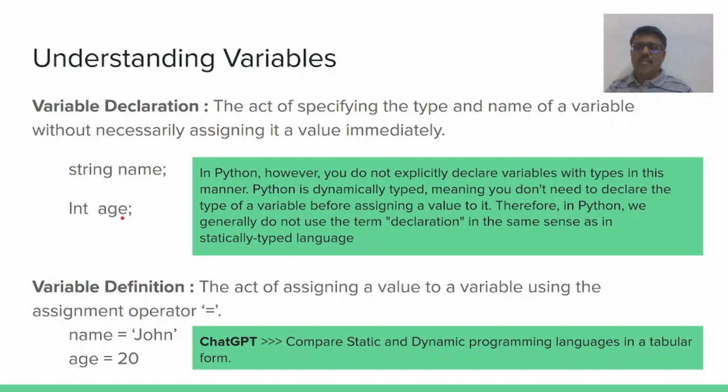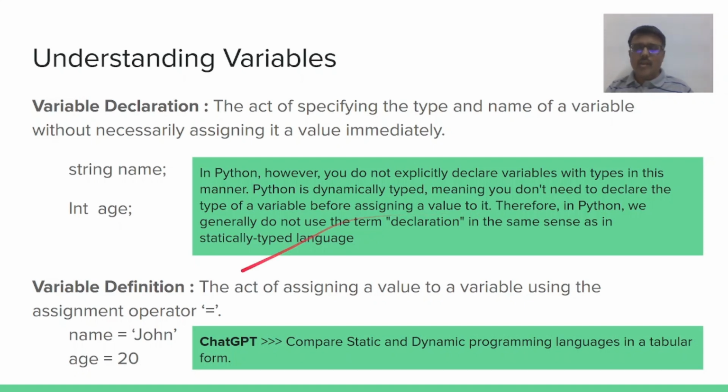Interestingly, in Python, you will not explicitly declare variables with a type in this manner. Python is dynamically typed, meaning you don't need to declare the type of a variable before assigning a value to it. What does that mean?